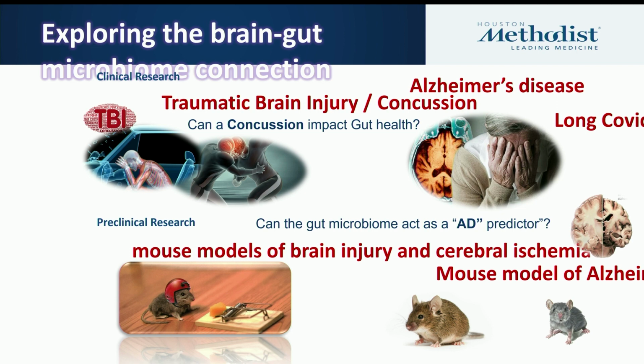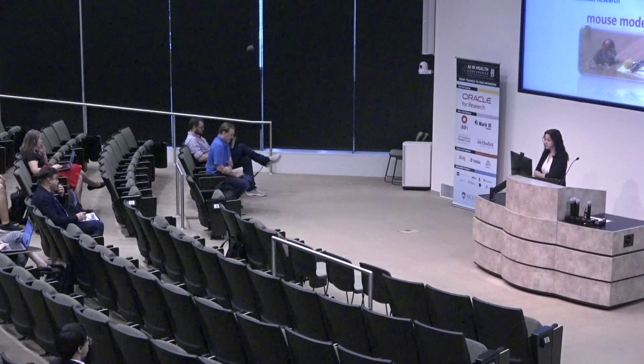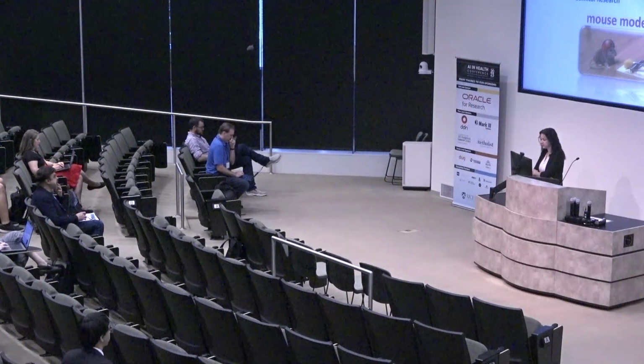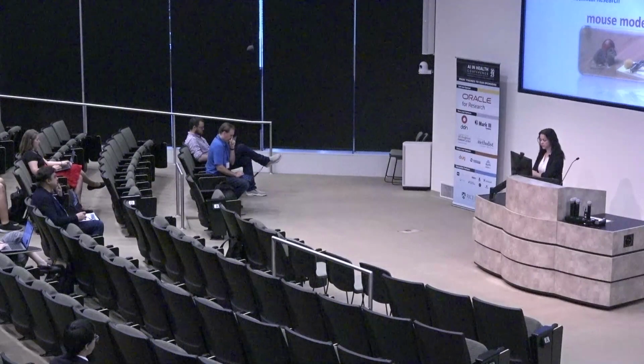We are interested in studying long COVID and the long-term neuroinflammatory impact of SARS-CoV-2. The microbiome plays an important role as well. And then we have Alzheimer's disease. We are using patient samples and animal models for Alzheimer's to try to discover some of these mechanisms that are regulating it.